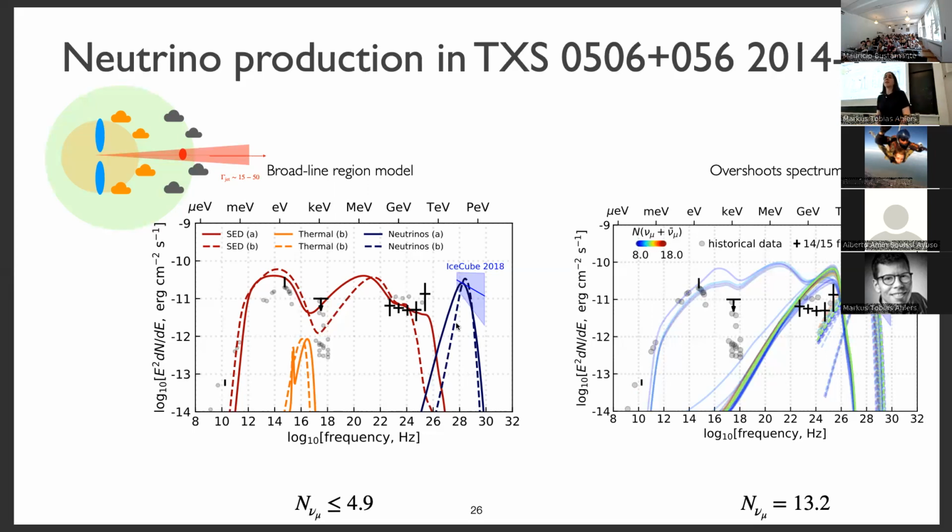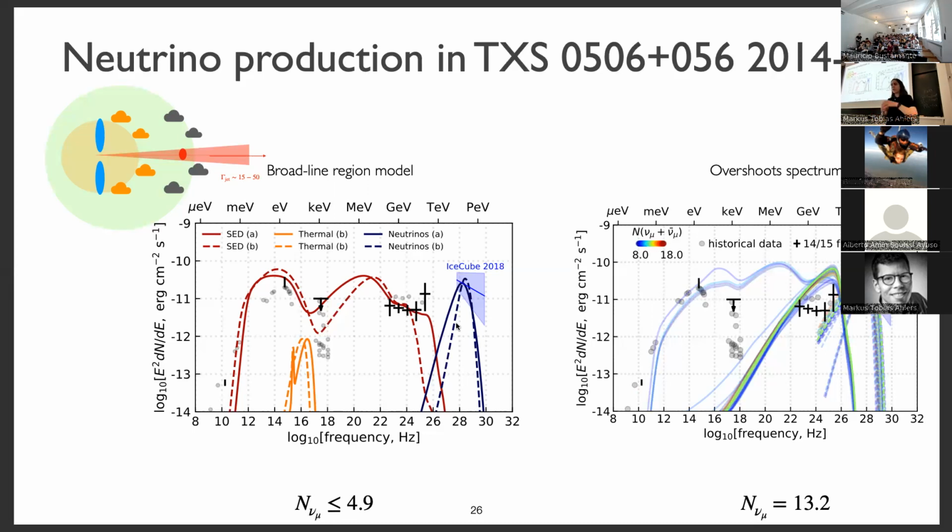Yes. Big one. But how do we show that neutrinos and gamma rays are produced in the same zone, at the same place? No. If we relax the requirement of having a single zone, well, first of all, wherever neutrinos are produced, some gamma rays have to be produced.